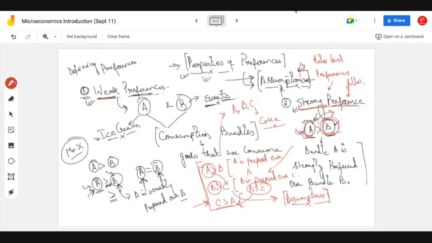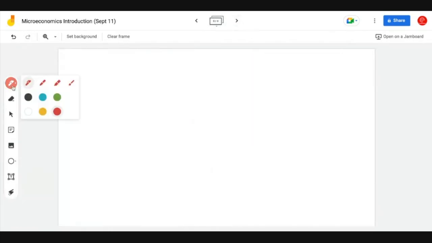Okay. So let's look at the assumptions. So the first assumption about preferences is completeness.